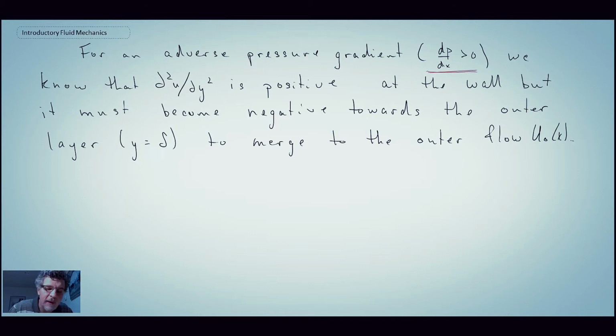And so the implication of that is whenever you have the second derivative of a function, and it goes through 0, that is an indication of an inflection point.